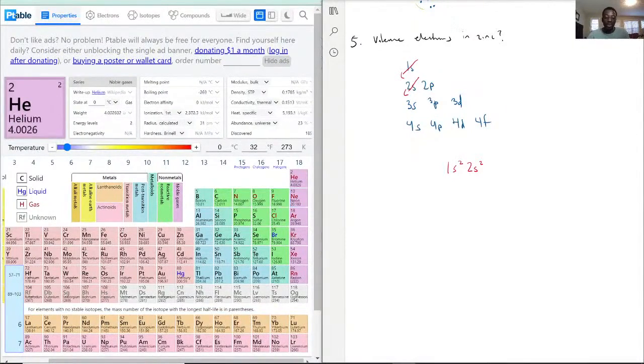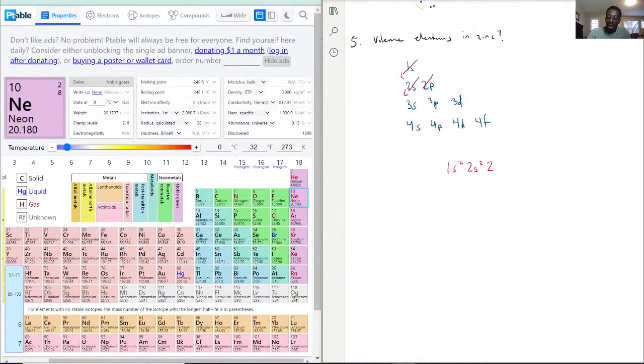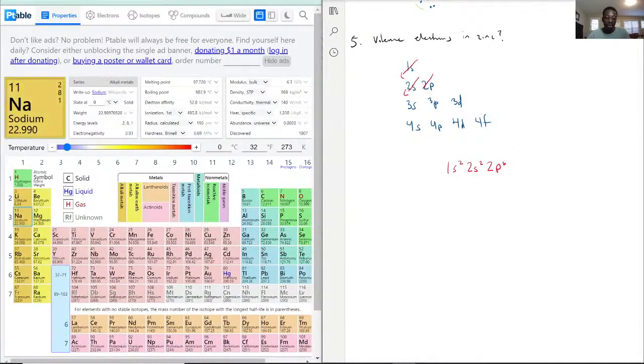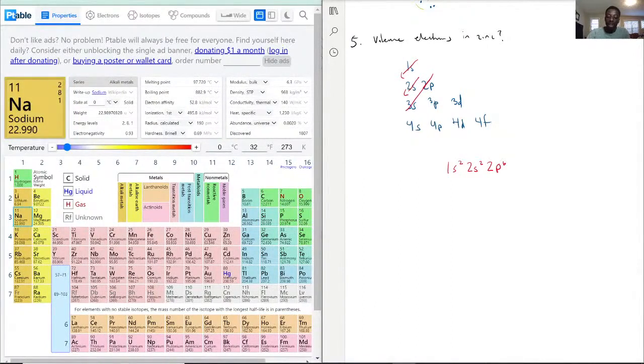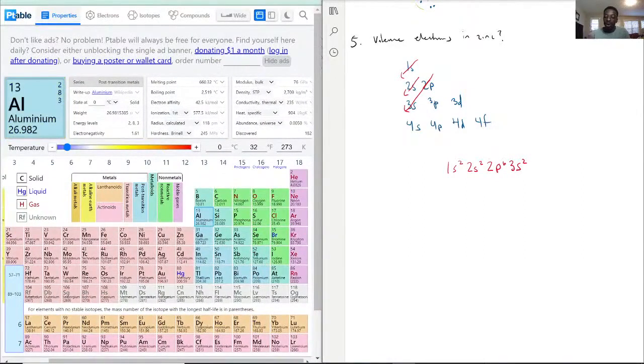So we'd count through 2p1, 2p2, 2p3, 2p4, 2p5, 2p6 for the neon. Now we're in the third row, so we've gone into the 3s. That's 3s2, and then aluminum through argon would be the 3p6.